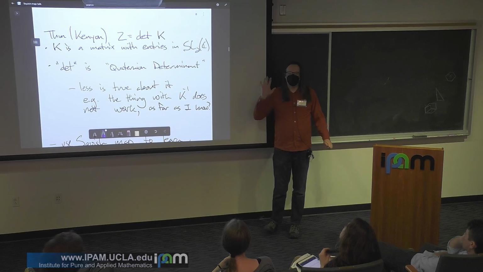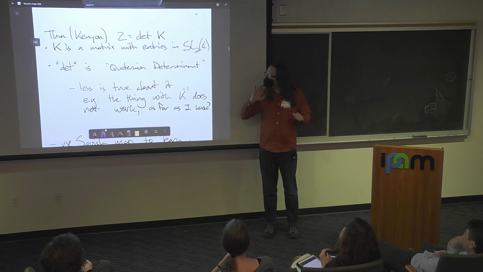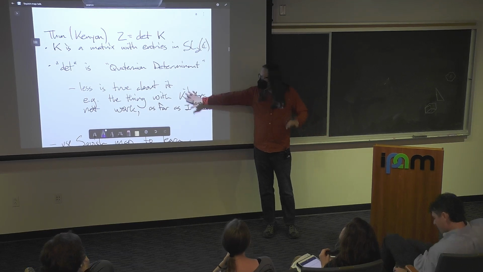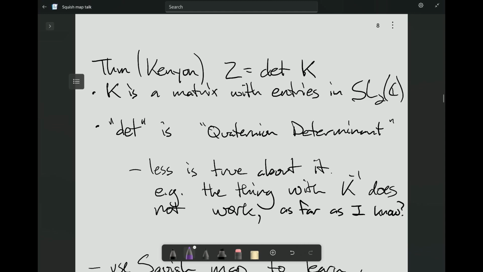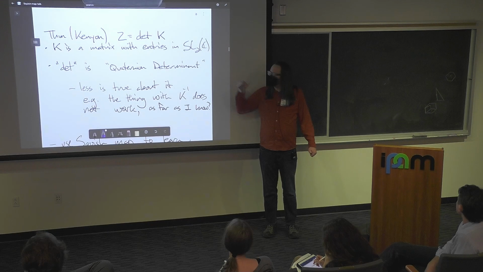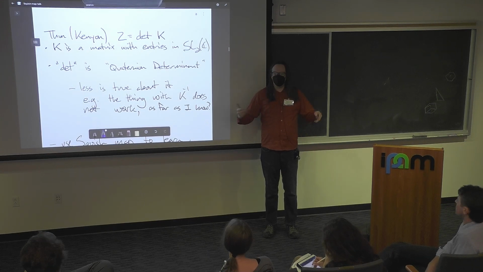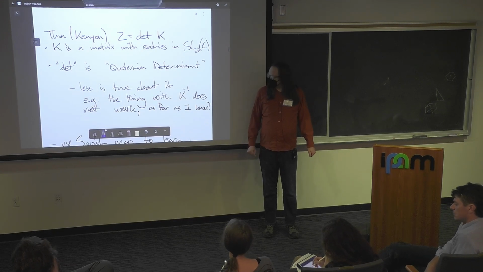But based on some out of date information that I have, I don't think this trick with K inverse works. Cramer's rule just fails over rings like this that are so badly non-commutative. So if you want to access correlation functions in this more complicated double dimer model, you have to do something else.